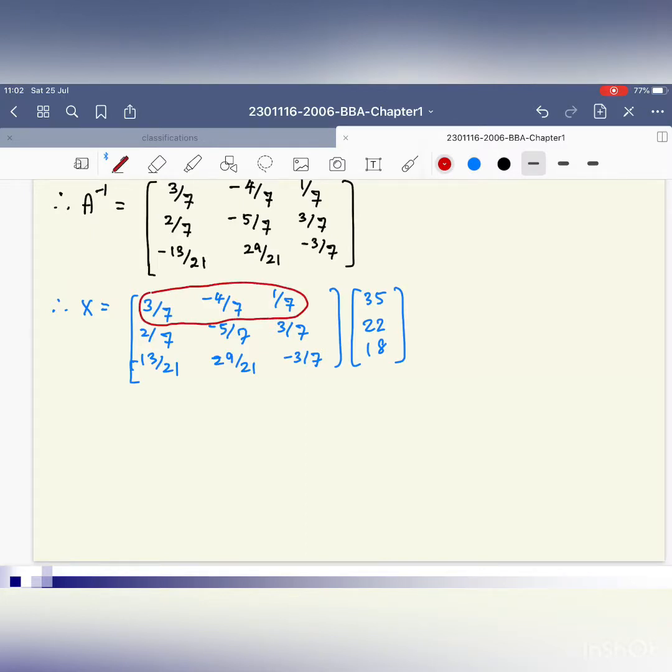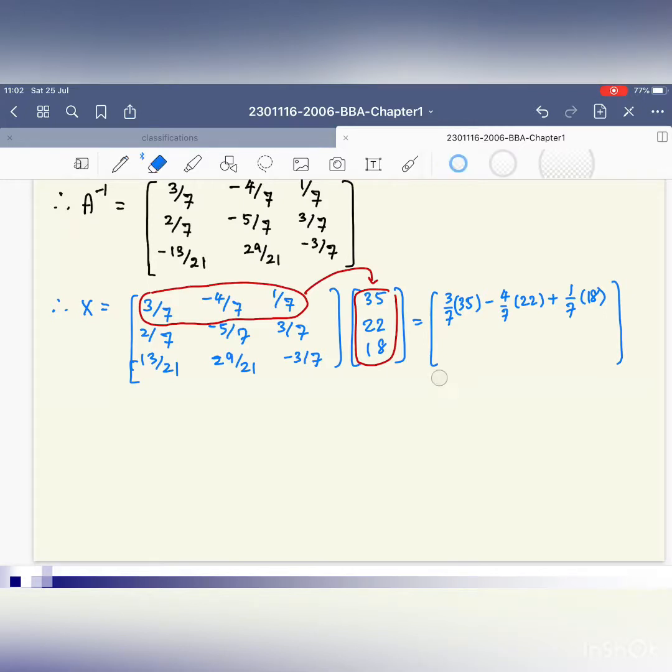In order to get each folio investment, you are going to multiply the row with the column here. So the first one, of course, it is 3 over 7 and 35, 4 over 7 and 22, and 1 over 7 and 18. Let me just elongate it a little bit.